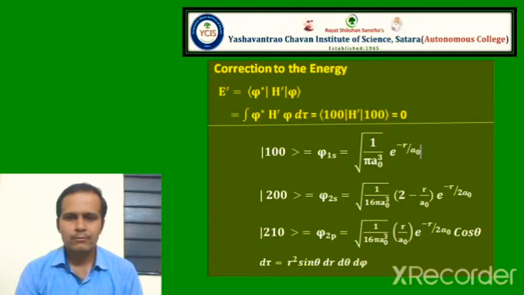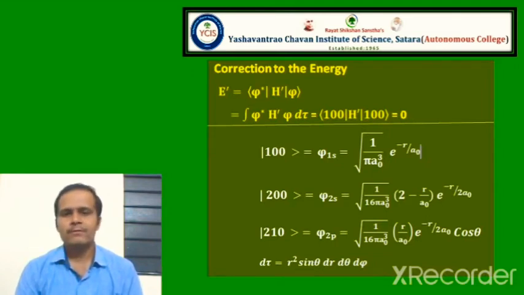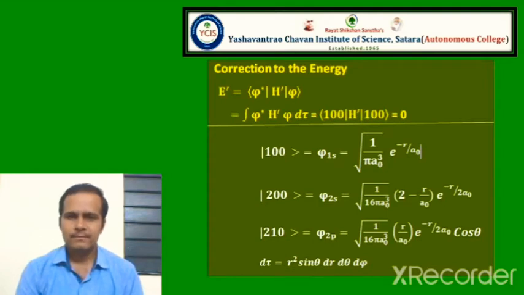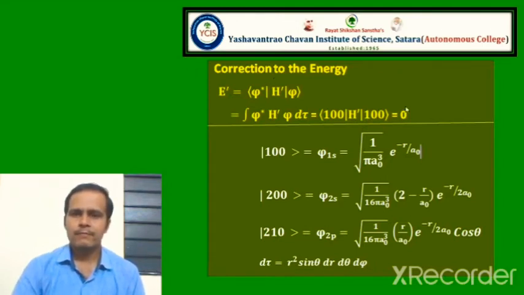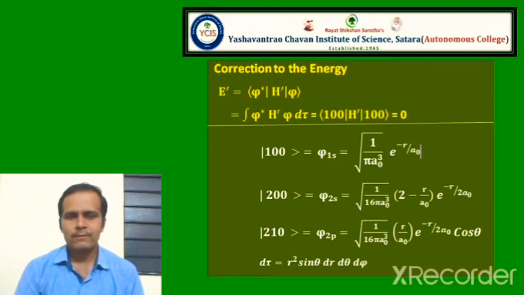In this way we have the 200 state, we have the 210 state, that is 2p, and so on. So by using these wave functions, we can find out the integration. So this is the value for E dash. For E dash, we have calculated here, the value is 0. So if the correction to the energy is 0, we can say that there is no correction. There is no splitting for the ground state of hydrogen atom.